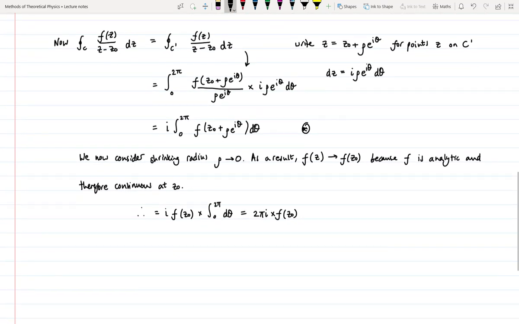We've therefore shown that the integral along C of f of z divided by z minus z naught is given by 2 pi I times the function value at z naught. Once again, this is Cauchy's integral formula.